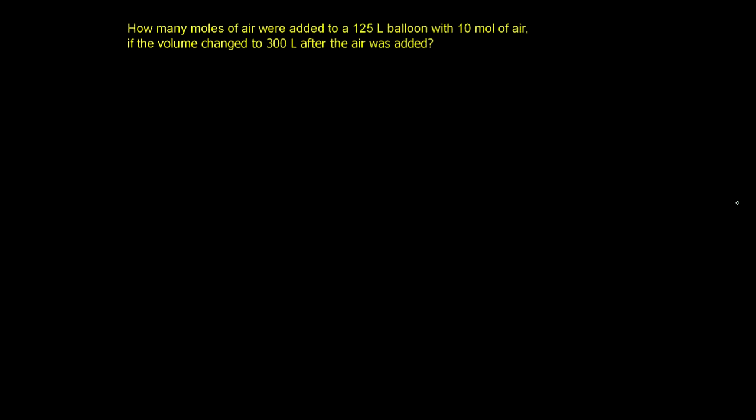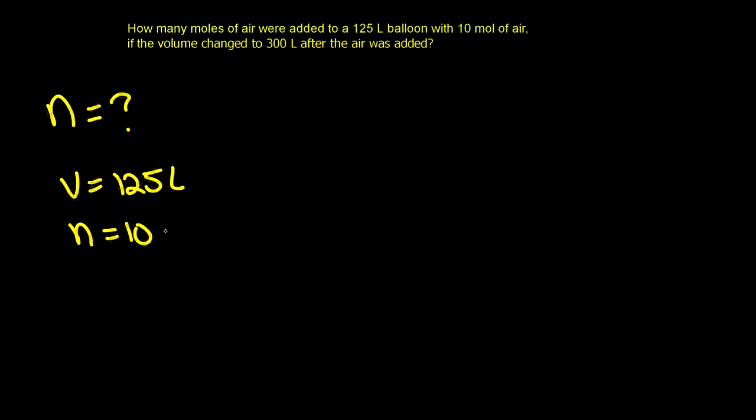Alright, how many moles of air were added to a 125 liter balloon with 10 moles of air if the volume changed to 300 liters after the air was added? Alright, so let's pick out that information. How many moles of air were added? So I'm looking for moles. It says we added it to a 125 liter balloon with 10 moles. So I got a volume at 125 liters when it had 10 moles of air.